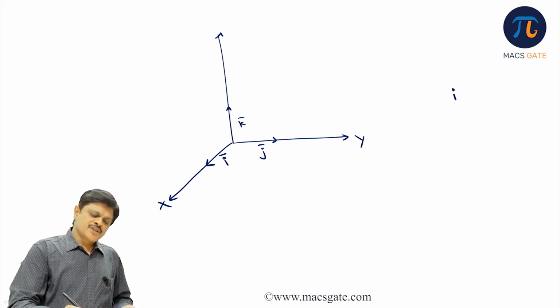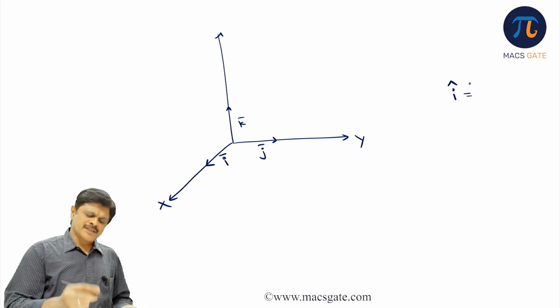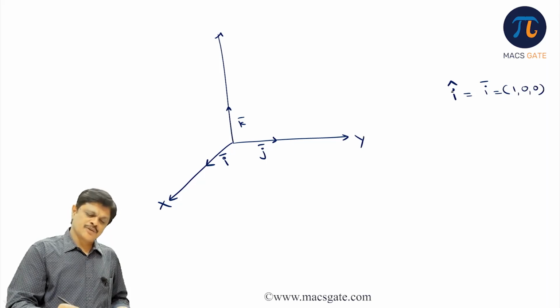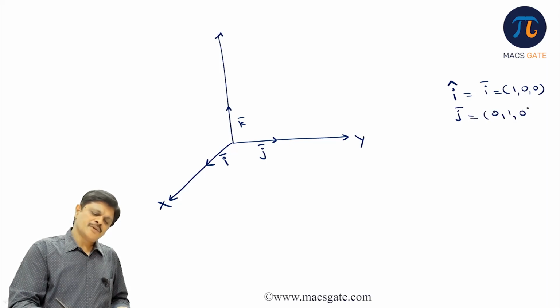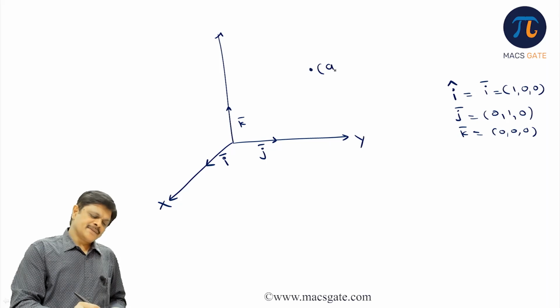Actually, we have to write a hat symbol for unit vectors, but it is energy consuming, so I'm just using i bar to represent the unit vector. So i bar is (1, 0, 0), j bar is (0, 1, 0) and k bar is (0, 0, 1).